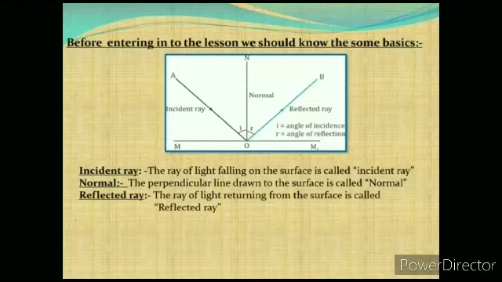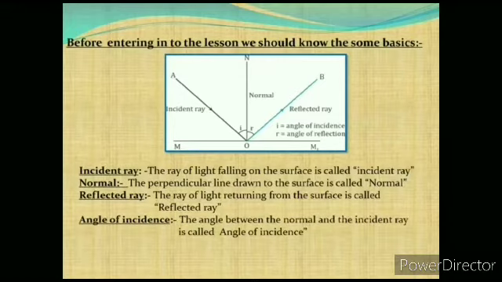Reflected ray: the ray of light returning from the surface is called reflected ray, or we may also define any ray that bounces back from the surface as reflected ray.